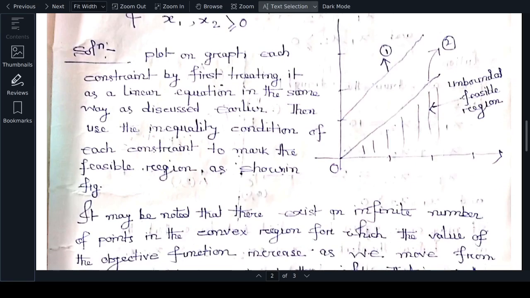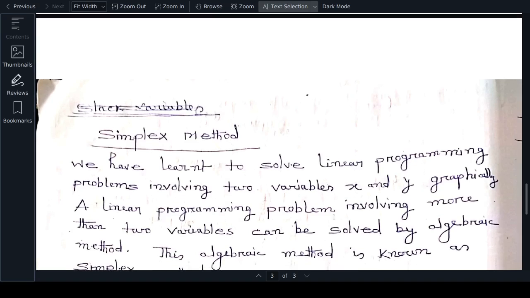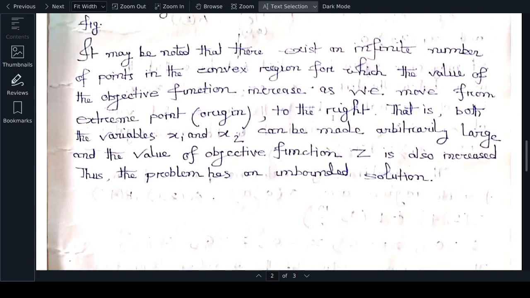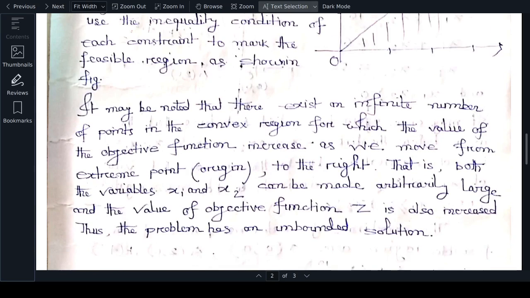So next one will be what? Next one will be here. Suppose more than two variables are given in the linear programming problem, then how to solve the problem?